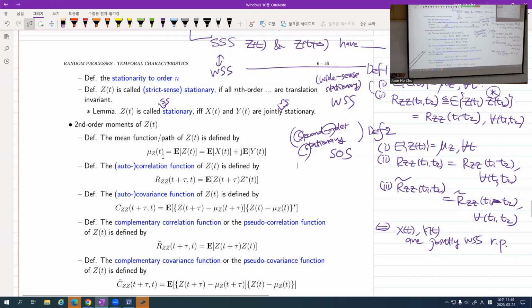so these definitions are so simple, right? Mean function, autocorrelation function, autocovariance function, complementary or pseudo correlation function, and complementary or pseudo covariance function. Right?